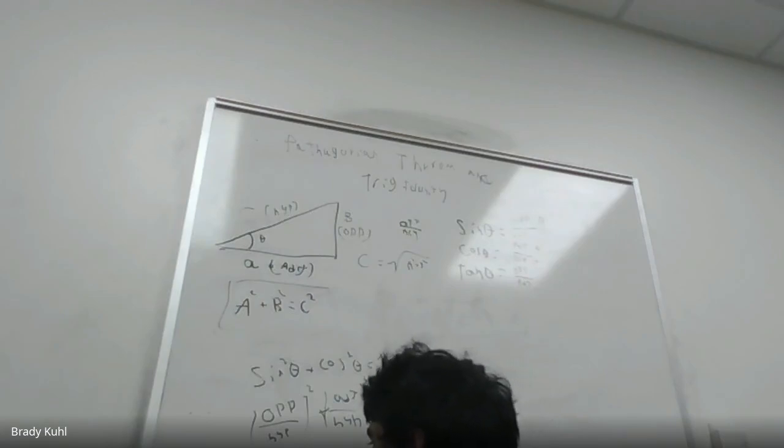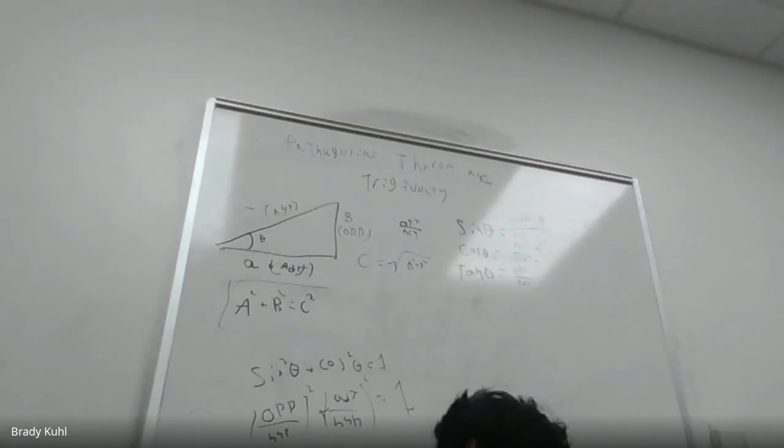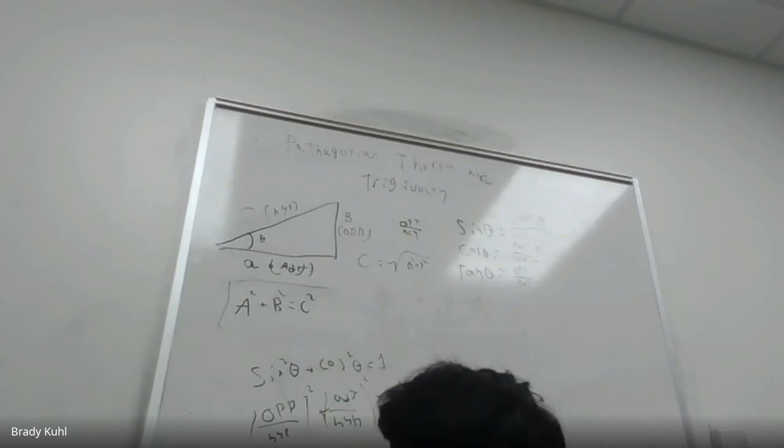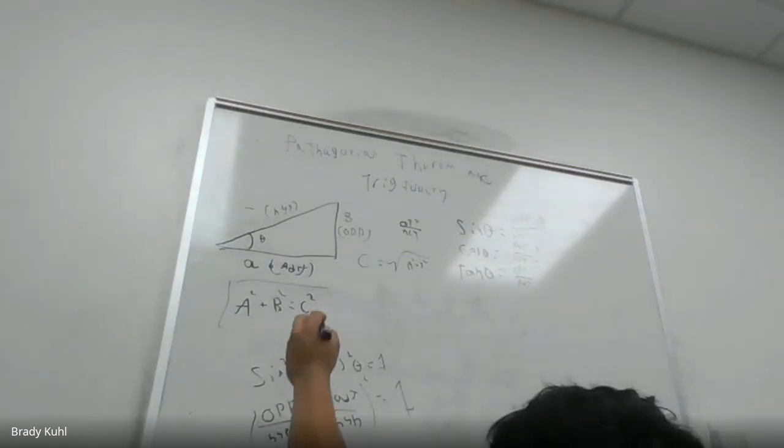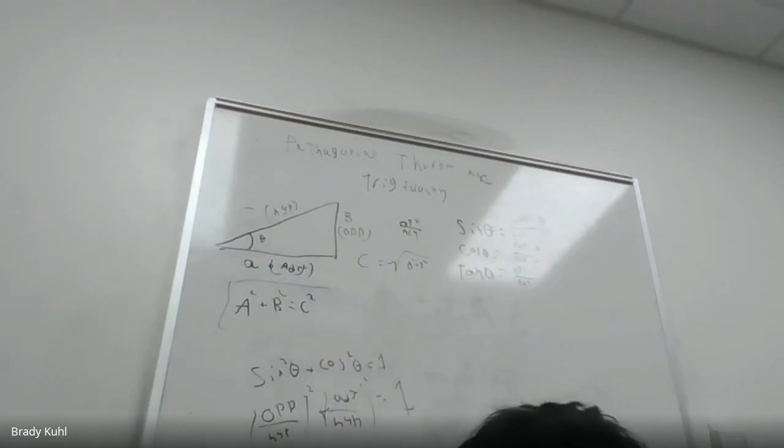Multiply by hypotenuse squared, because you square the top and the bottom, and then you get opposite squared plus adjacent squared equals hypotenuse squared, which is why b squared plus a squared equals c squared. That is why that makes sense.